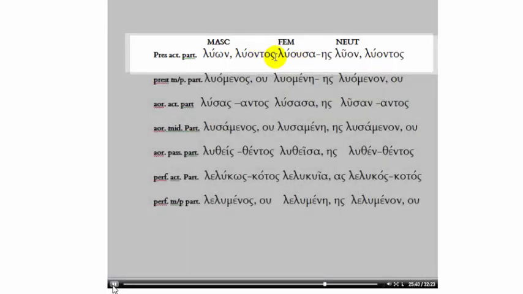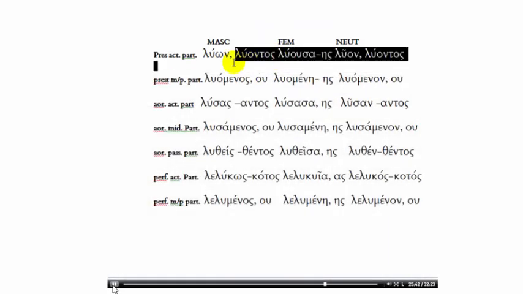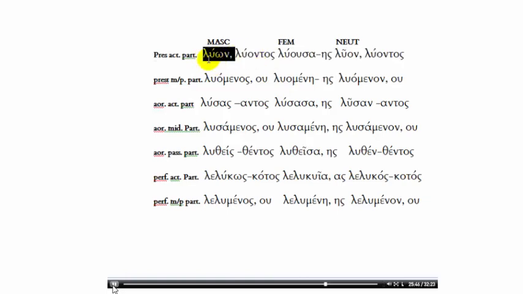The masculine is luon, luontos. The neuter, luon, luontos. Both of those decline like third declension nouns, namely archon, archontos. That's why we didn't learn these until now, because you hadn't done the declension yet.